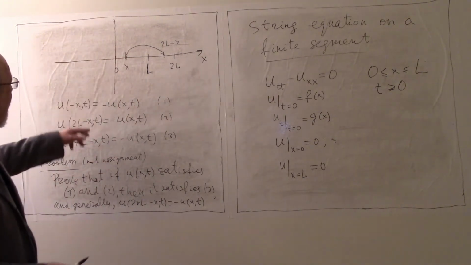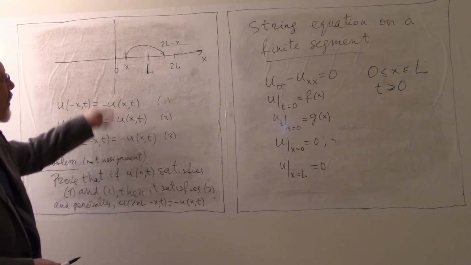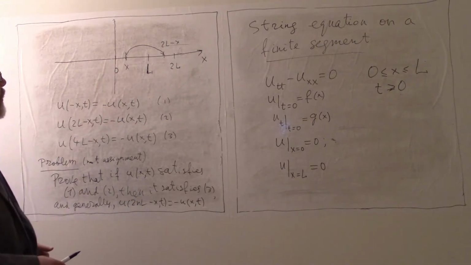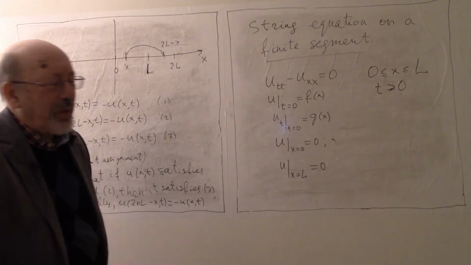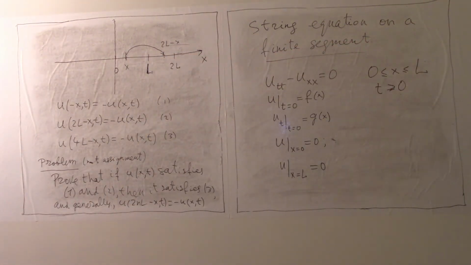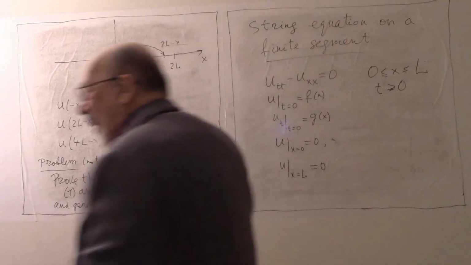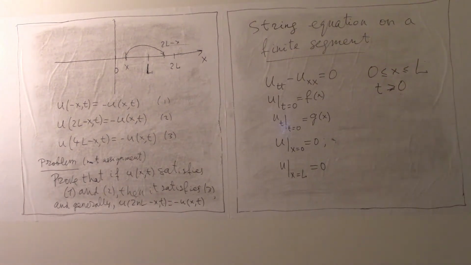So in fact, these two symmetries, I would say antisymmetries of the function, are enough to prove that it is antisymmetric relative to all these points L, 2L, minus L and so on. So you can think about it, but I tell you from the beginning that it is not much related to the main content of our course.